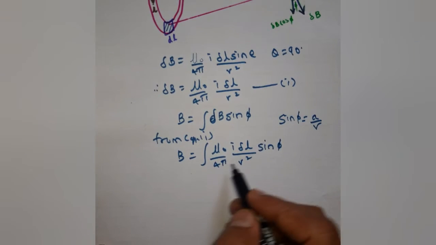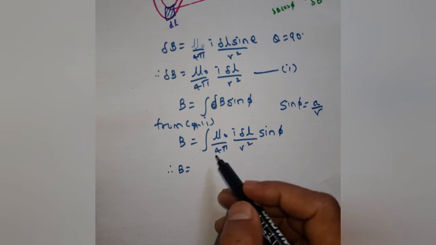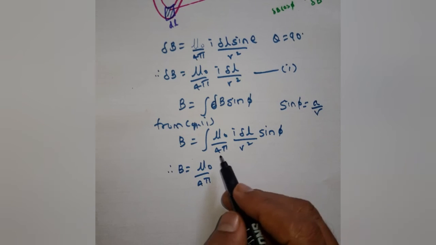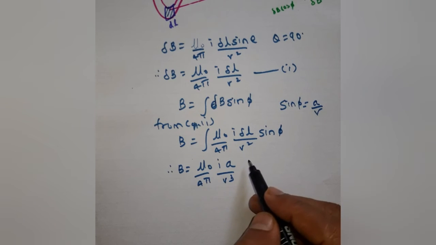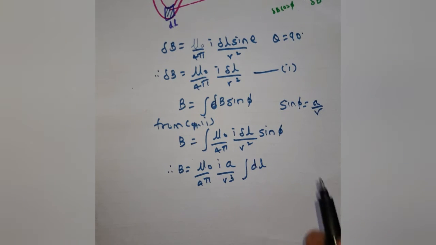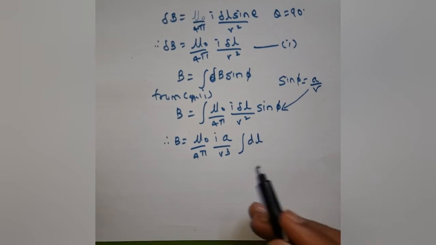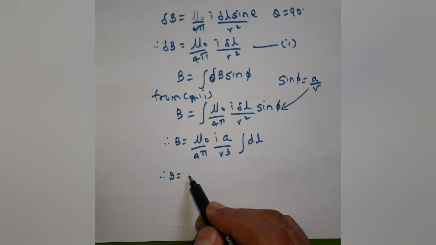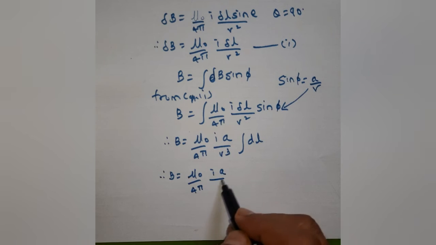So the value over here, and when you take out a few constants, it turns into mu naught by 4 pi. The other terms we get are I a upon r cube. After substituting the value of sine phi, I get this as the equation. So therefore the value of B now will be equal to mu naught by 4 pi, I a upon r cube, times the integration of delta L.